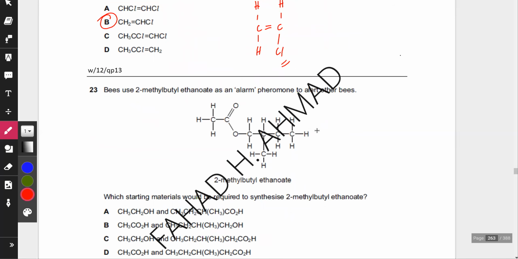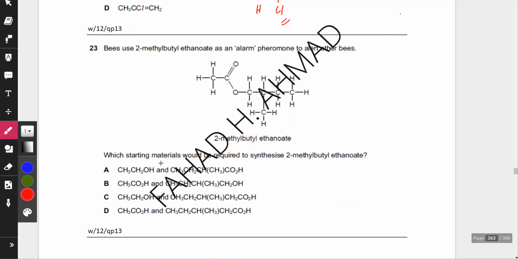That's the next one. You have this molecule over here. He's saying which starting materials would be required to synthesize 2-methylbutyl ethanoate. This molecule over here.